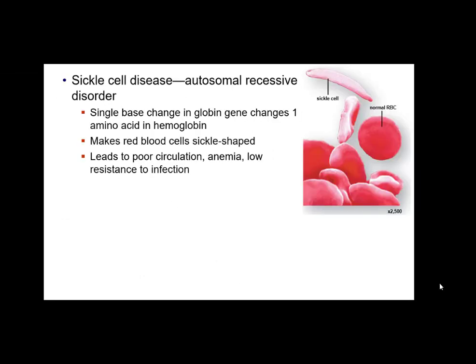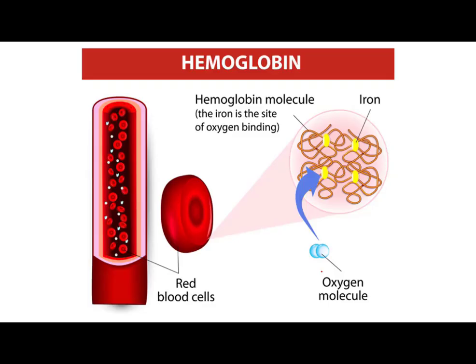Now, the last one to talk about is sickle cell anemia. Sickle cell anemia is also an autosomal recessive disorder. We've talked about it before, but let's review what sickle cell is again. In order to understand this process, we have to know about hemoglobin. Red blood cells normally have this round shape, but they have kind of this biconcave center.